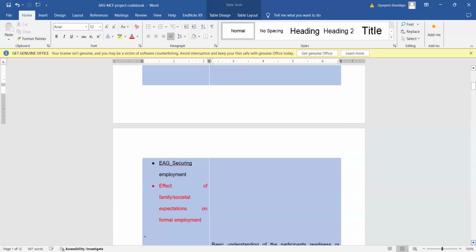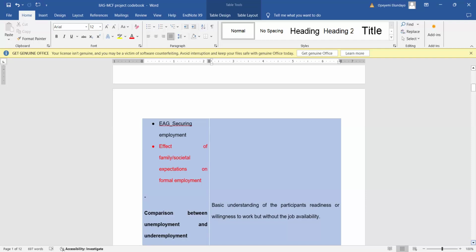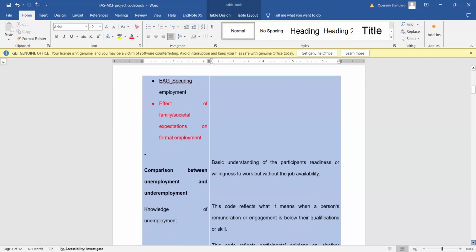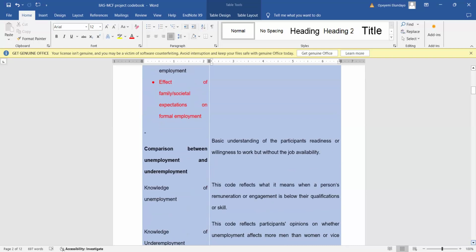So this is a form of a code book. Then securing employment. As we went on, the one in red was another that we added. So what were the effects of family and societal expectation on former employment? And then like that. The next thing we wanted to do was a comparison between unemployment and underemployment.